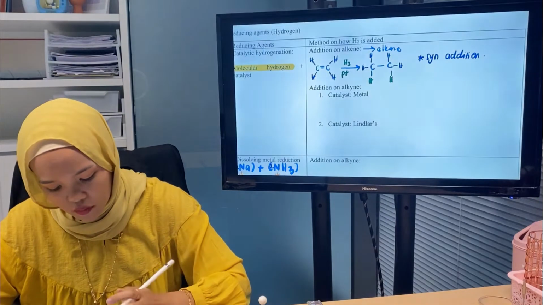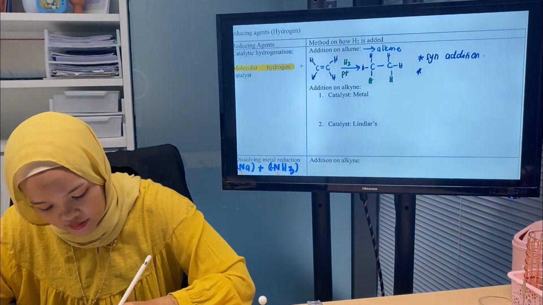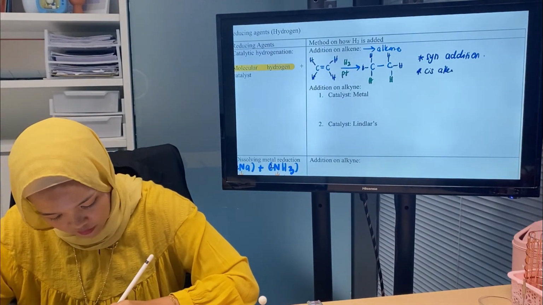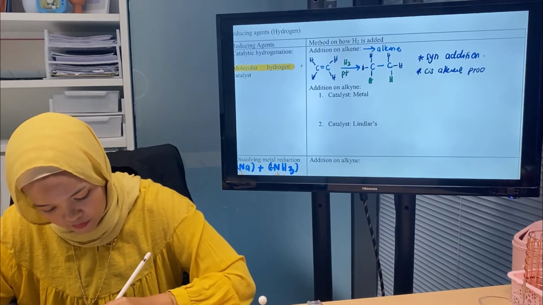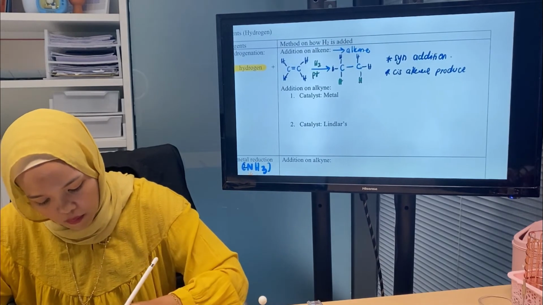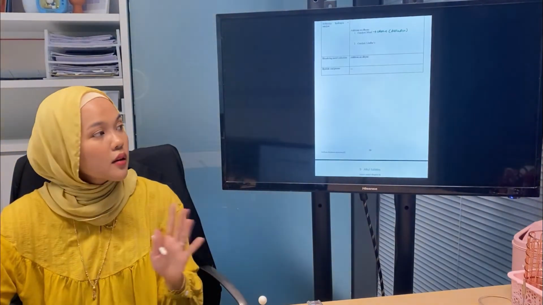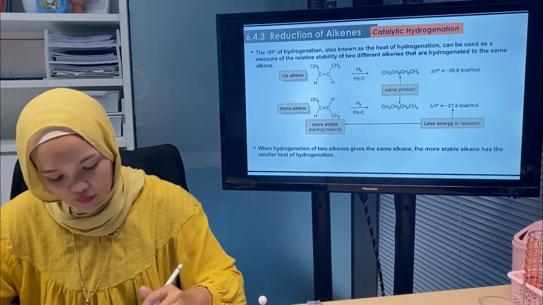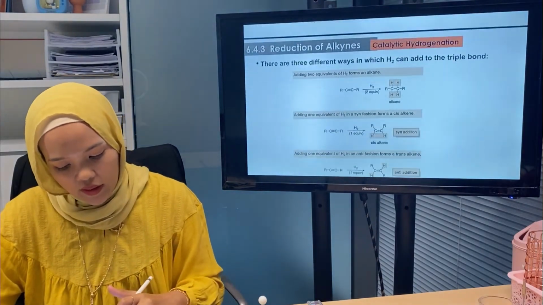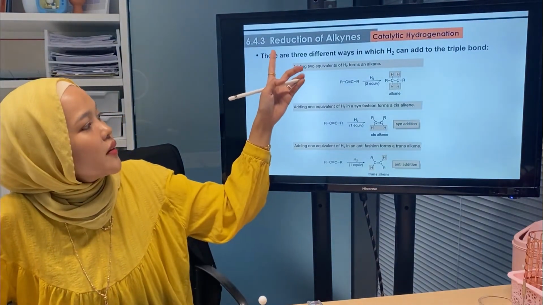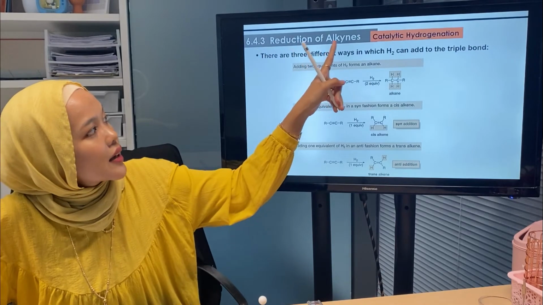So maybe you want to put this note: cis alkene produces more heat.